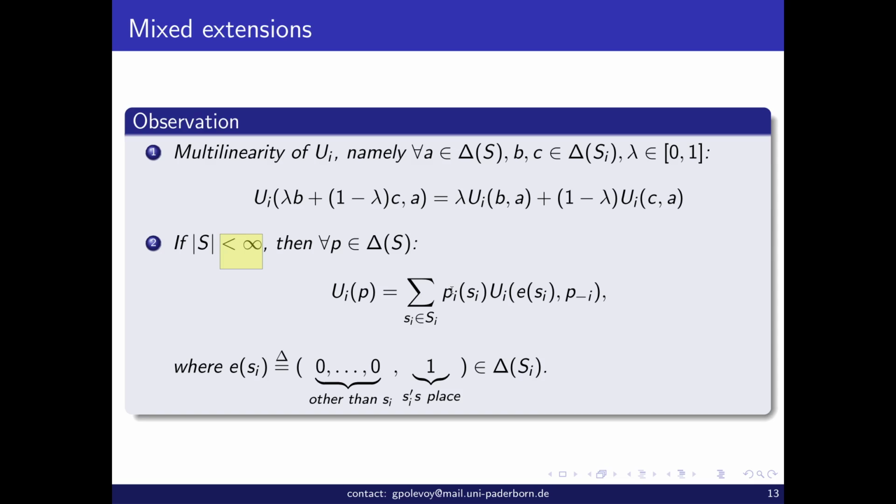But for the player i, we look at the concrete strategies, the pure strategies si, and we look at the mixed strategies which can be basically identified with the pure strategies. So e of si, and we will need this notation for the future, is the following mixed strategy. It gives weight 0 to all the strategies besides si, and all the probability is going to si.